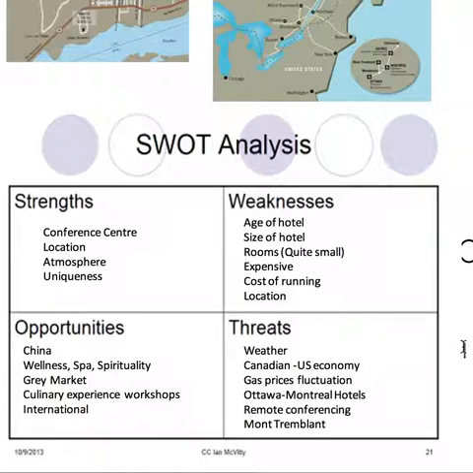Grey Market, which is the seniors market. Maybe not so good simply because of their limited budgets, but there's potential there. Things like weddings and the international market are always opportunities. So think about improved services, improved facilities, things that they don't already have, and think about new markets or different ways to get new markets, and you will have opportunities.